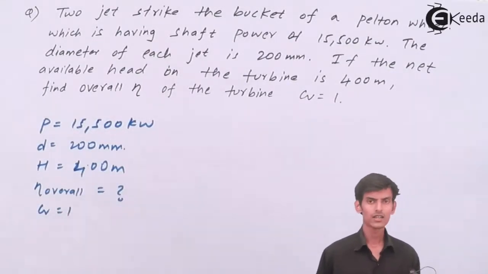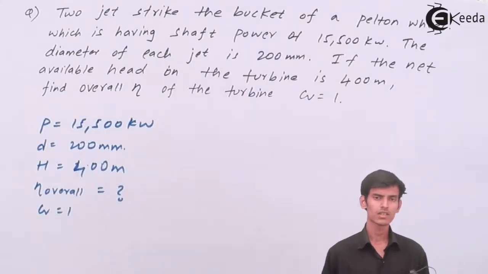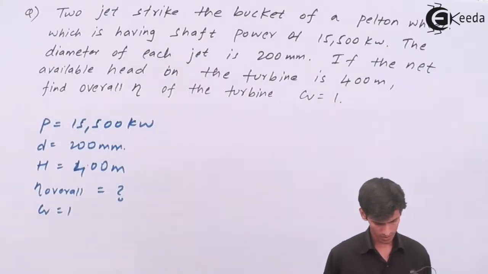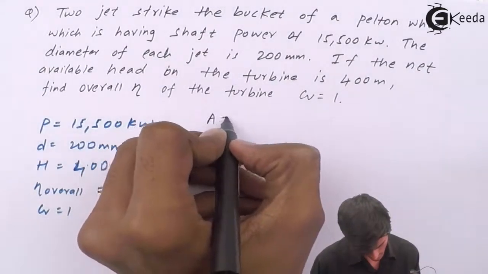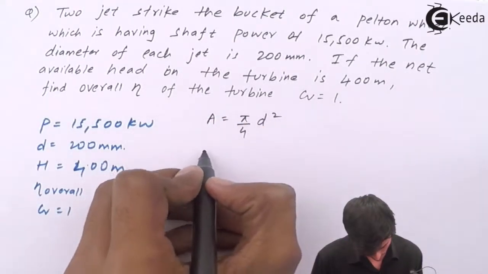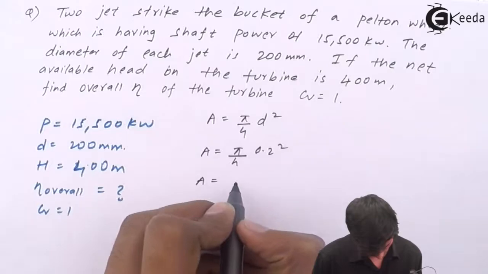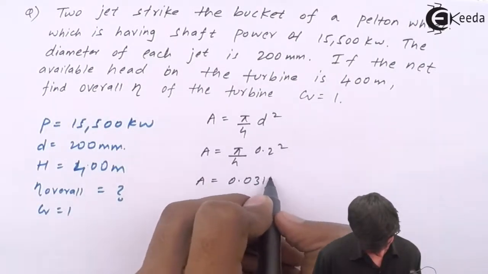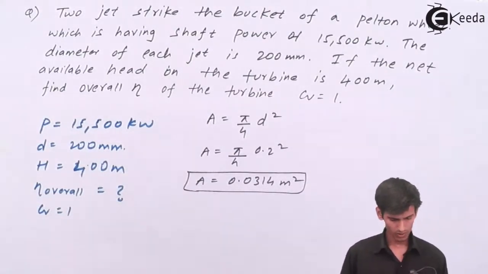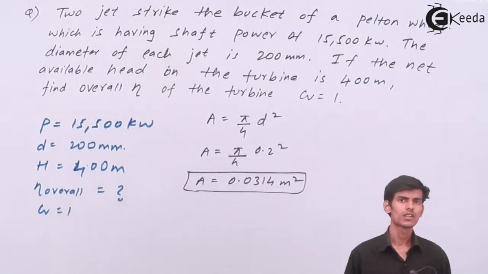First of all, let's calculate the cross-section area of the jet. Since the diameter is given, the area can be found out easily. Since we have found the area, now let's calculate the velocity.